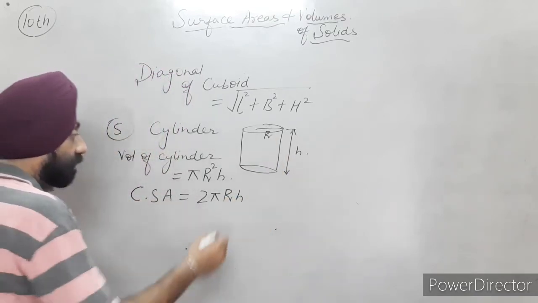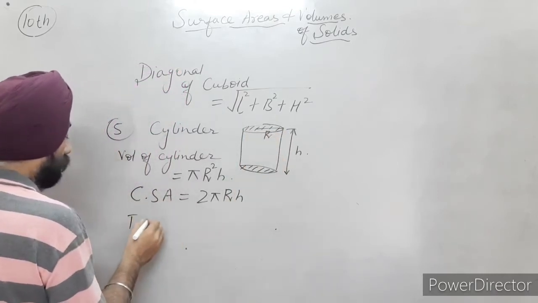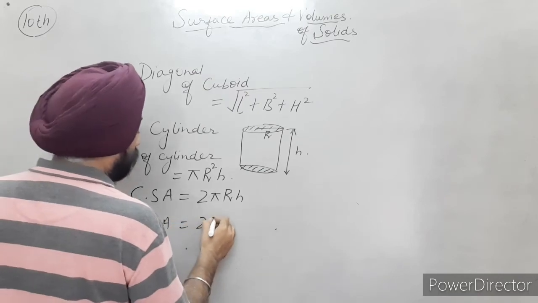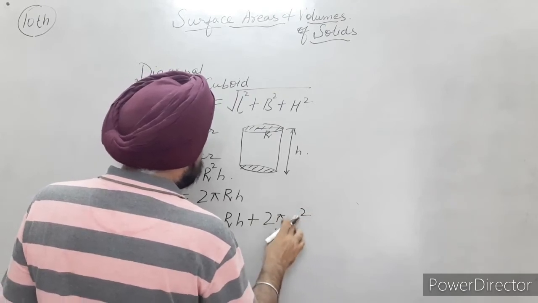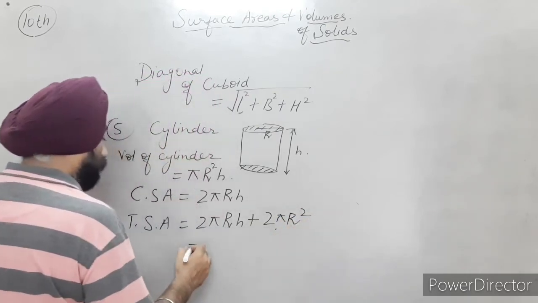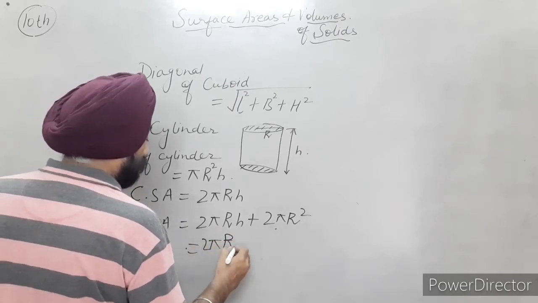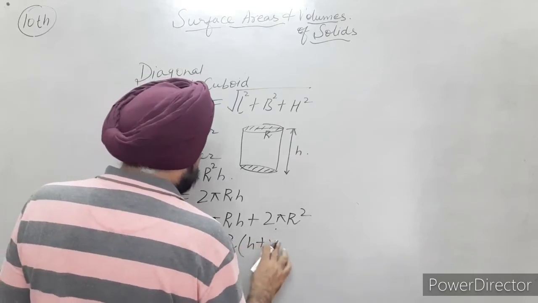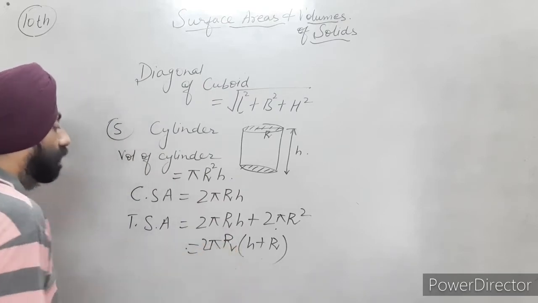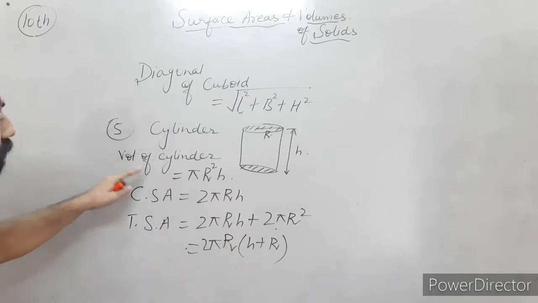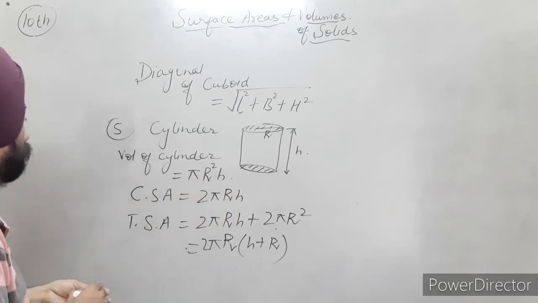If I have to take the two circular ends into consideration, then the total surface area is 2 pi r h plus 2 pi r square. 2 pi r is common, and h plus r is left inside the bracket. This is the total surface area of the cylinder. This is the volume of the cylinder. Curved surface area is 2 pi r h. This was the fifth solid.